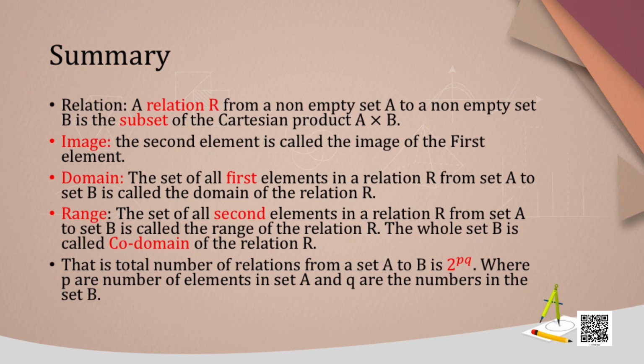The second element is called the image of the first element. This is the first element. Domain, yes, the set of all those elements which have an image is known as the domain. Range is the set of all second elements, that means the set of all images.